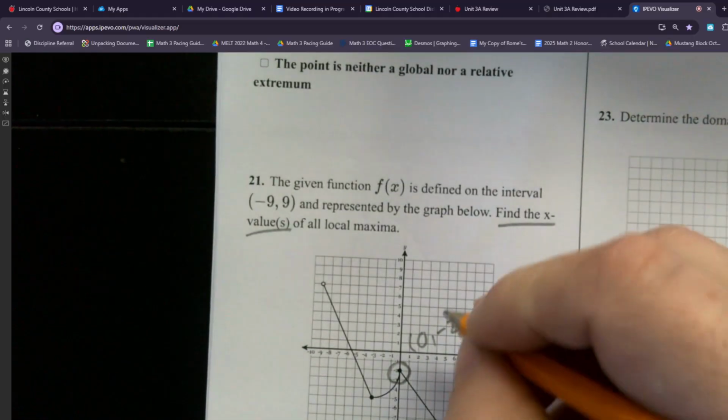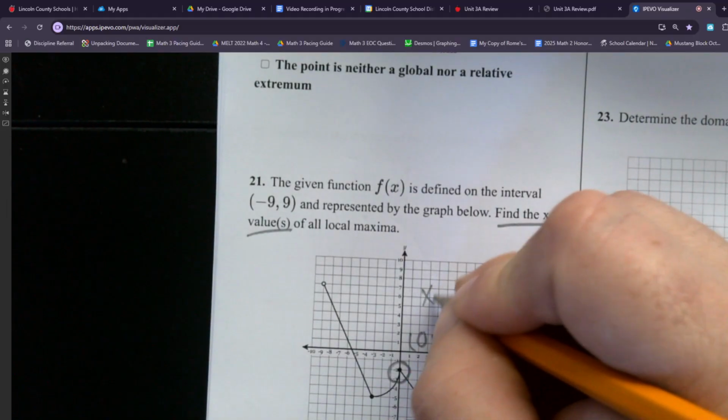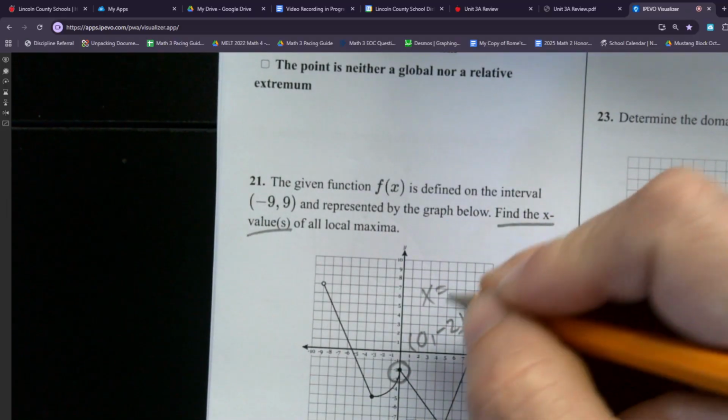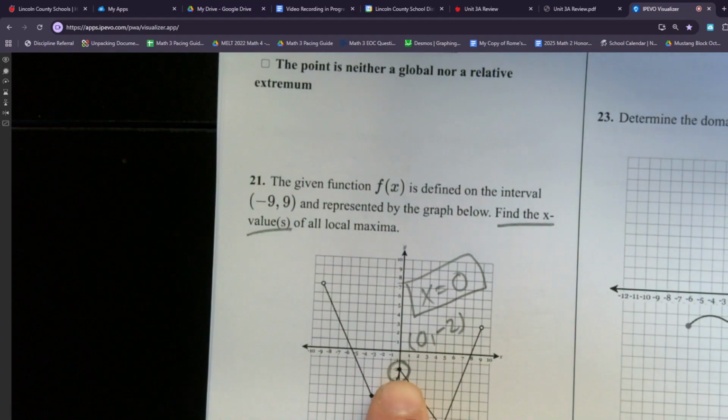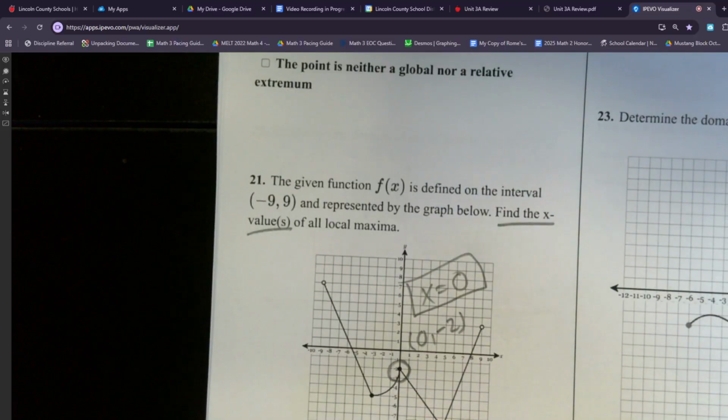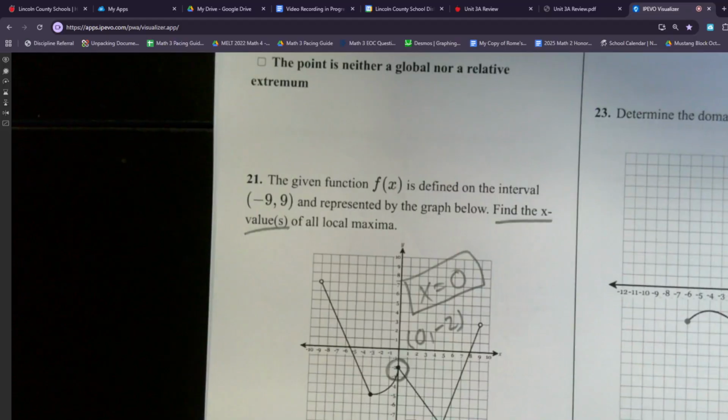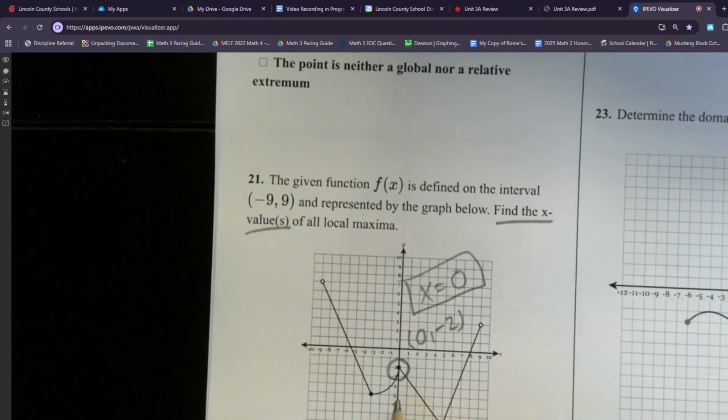So the only x value that has a local maxima is x equals 0. All right, so it goes from an interval of increase to an interval of decrease, so it does fit the criteria for a relative maximum. And that's the only one.